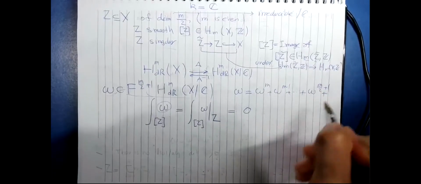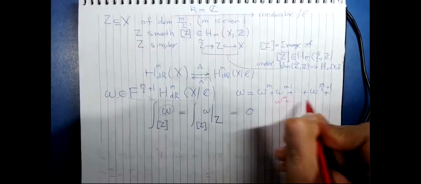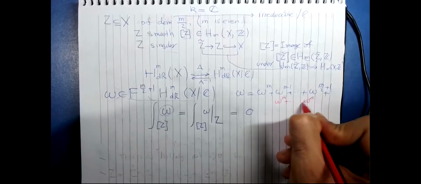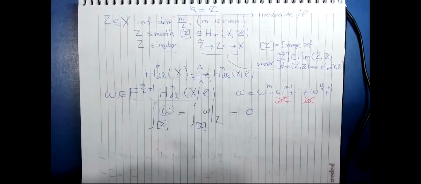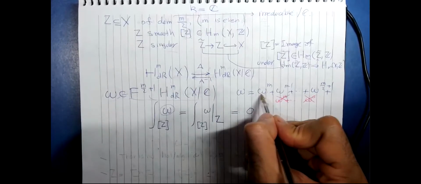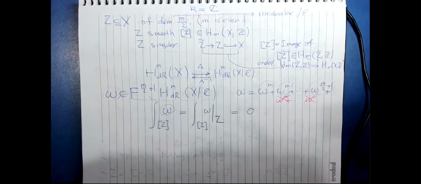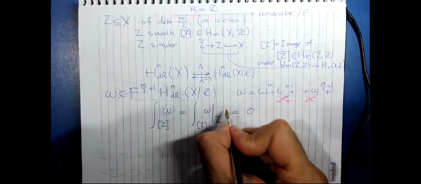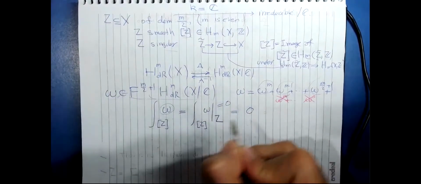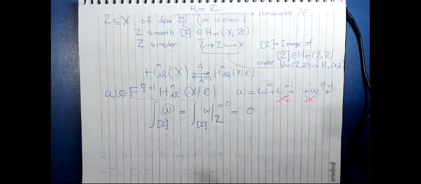So in particular, there is no differential form omega_m/2 down to omega_0. So these differential forms don't exist in the expression of omega. And when we restrict all these omega_(m-1) until omega_(m/2+1), this is identically 0. So the integration of 0 over any cycle is 0.